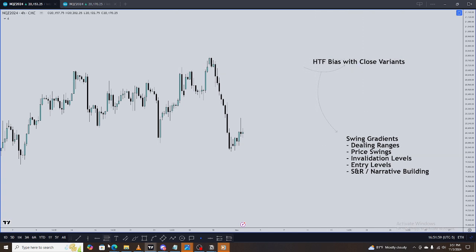And so what exactly is this close variance principle or idea? Well, the idea is that just like there are different openings in the market, there are also different closings in the market. So, for example, just off the top of my head, we have electronic trading hours, which opens at 6 p.m. Eastern Standard Time.